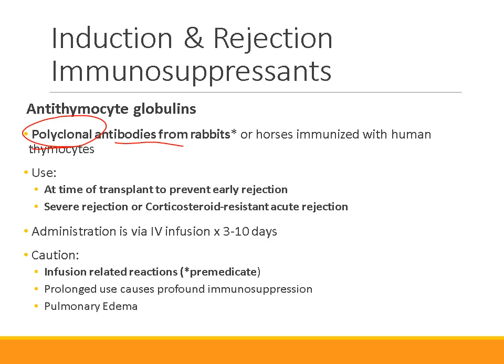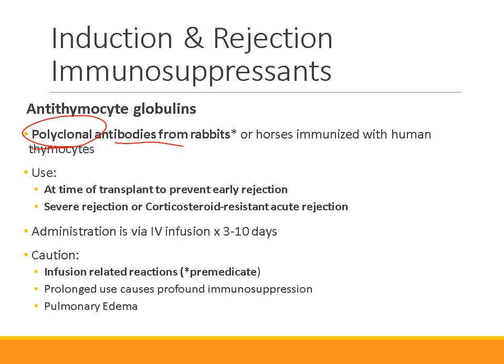So we put human thymocytes in the rabbit or the horse, and the animal's immune system attacks those thymocytes. Part of that process is producing antibodies against thymocytes. Then we can take those antibodies from the rabbit or the horse, and use them as medication to fight human T cells.